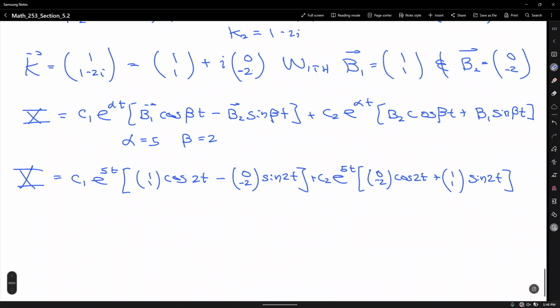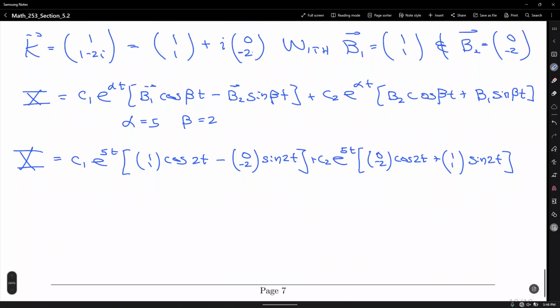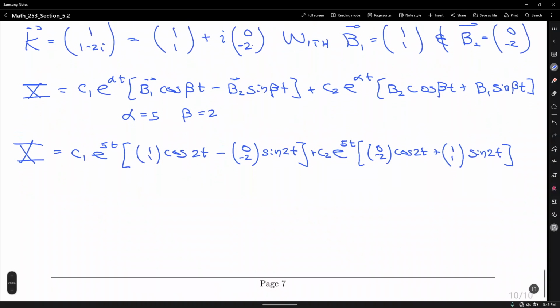However, actually, I'm going to do it for this case because I would like to show you the graph of a system having complex eigenvalues. Let me go x and y equals, let me multiply. C1 exponential times 1 times cosine times 0 times sine.